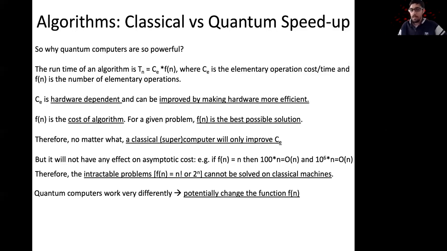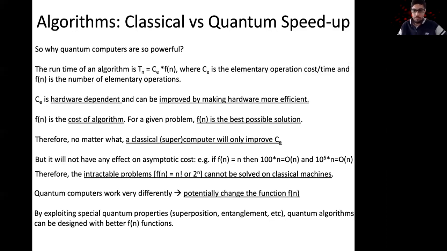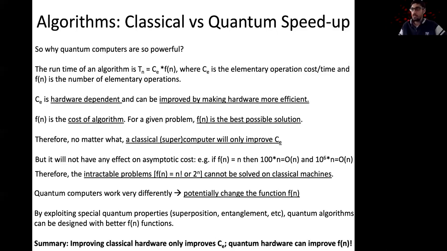That will make the intractable problem probably solvable on a quantum computer. By exploiting special quantum properties, entanglement and superposition, you can design better F(n) functions, and that's why quantum computers are so powerful, because they provide a way of solving highly computationally intensive problems.